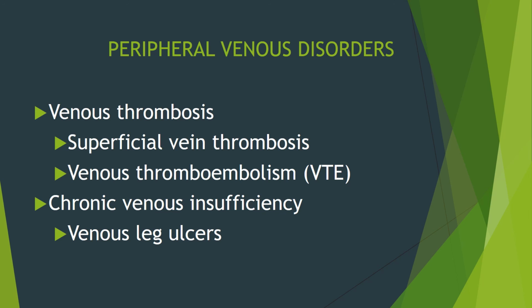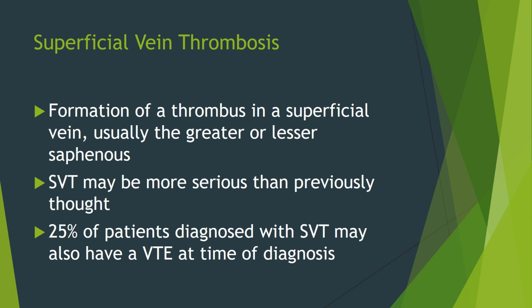So superficial vein thrombosis is the formation of a thrombus in a superficial vein, usually the greater or the lesser saphenous vein. Now, we used to think that superficial vein thromboses weren't really that much of a big deal. We were much more concerned with the deep vein thrombosis than we were the superficial vein.